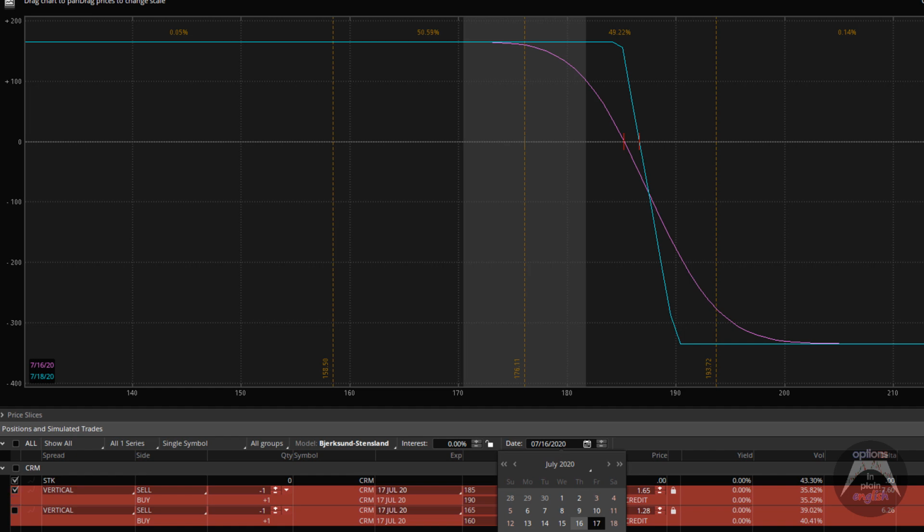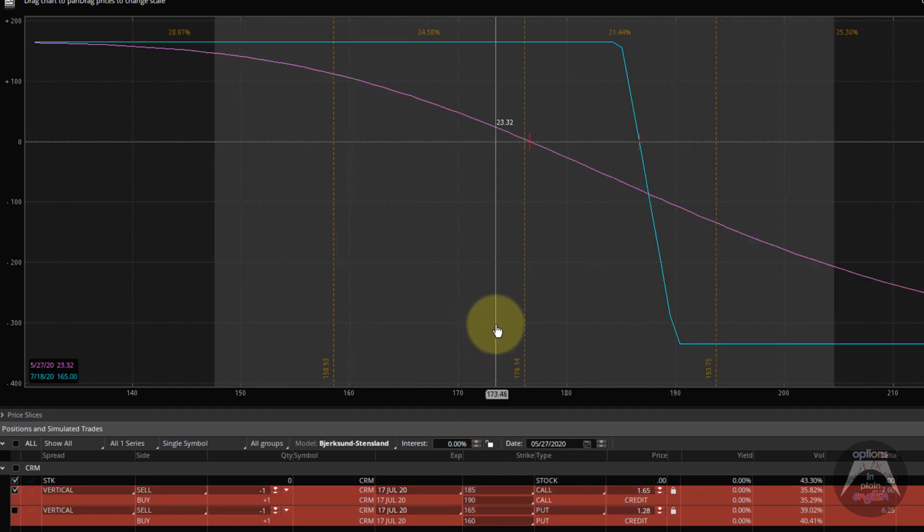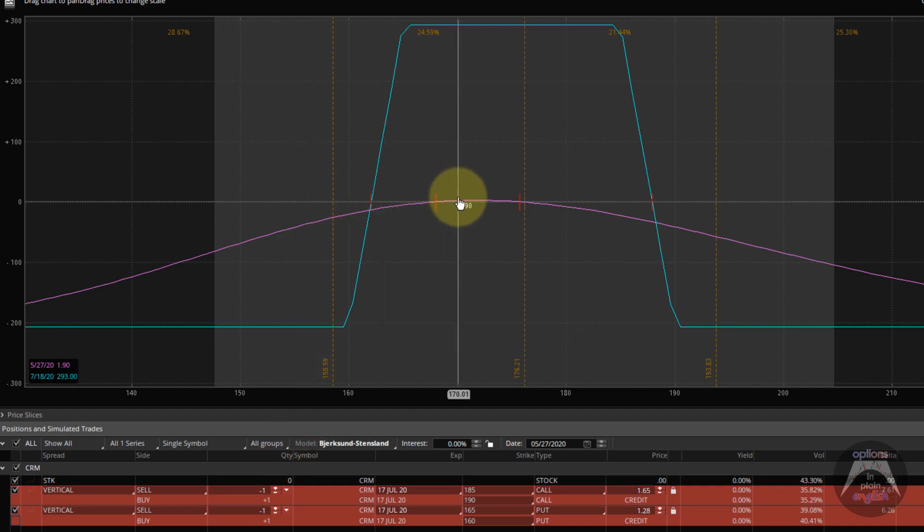Okay. Now, the last thing that I'm going to mention about short vertical spreads is that if you put the two together, you're going to have another position, which we're going to be talking about very soon, which is an iron condor. An iron condor is a short call spread on the upside and a short put spread on the downside.